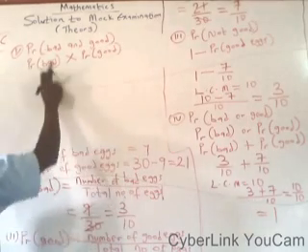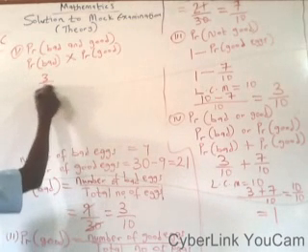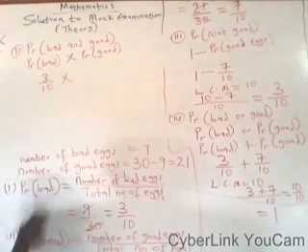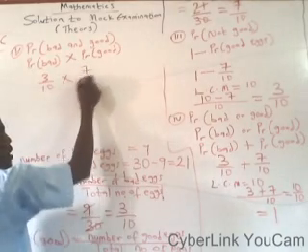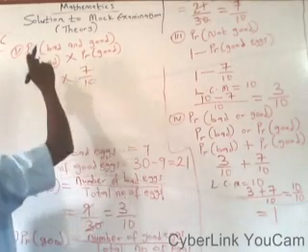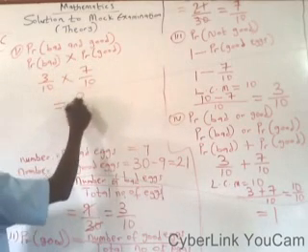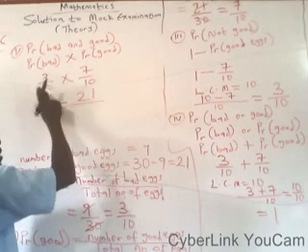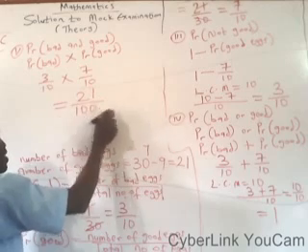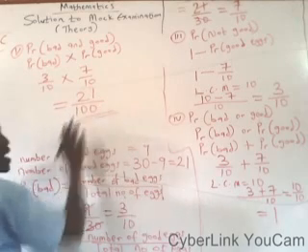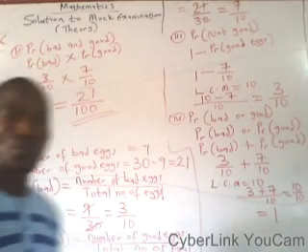What is the probability of bad? From 1, that is 3 all over 10. Times, what is the probability of good? That is from question 2, that is 7 all over 10. 3 times 7 gives us 21 all over 10 times 10, which is 100. And that is the final answer for the probability of bad and good.